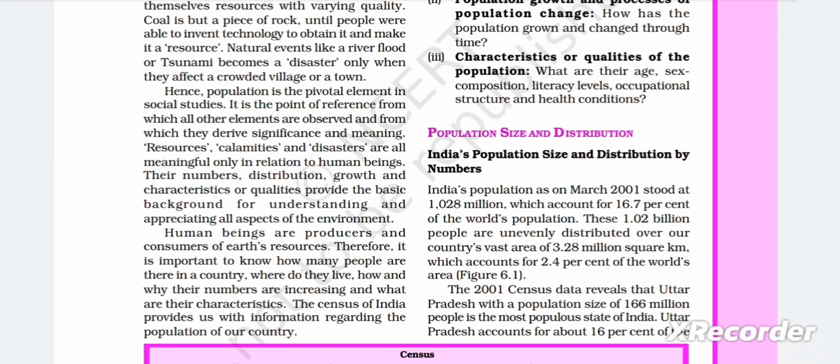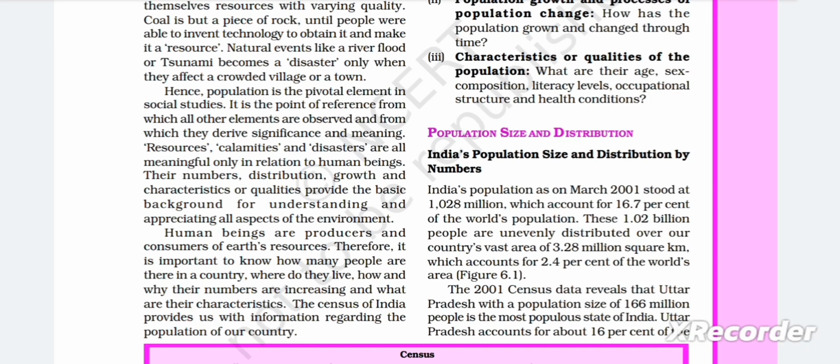Human beings are producers as well as consumers of the earth's resources. Therefore, it is important to know how many people are living in which country and in which areas they prefer to live, how and why their numbers are increasing or decreasing, and what their characteristics are.